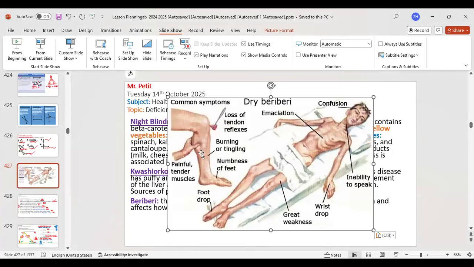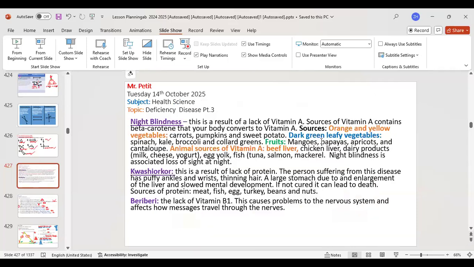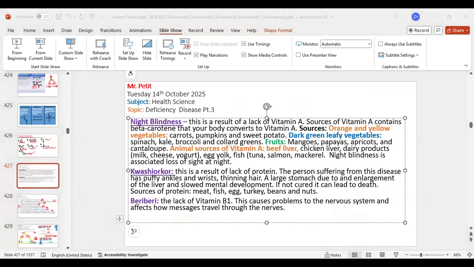Your muscles become tender, right? It's hard for you to speak, right? Emaciation, that means you aren't getting the proper nutrients because your whole nervous system is in a state of disarray. So it's really bad.